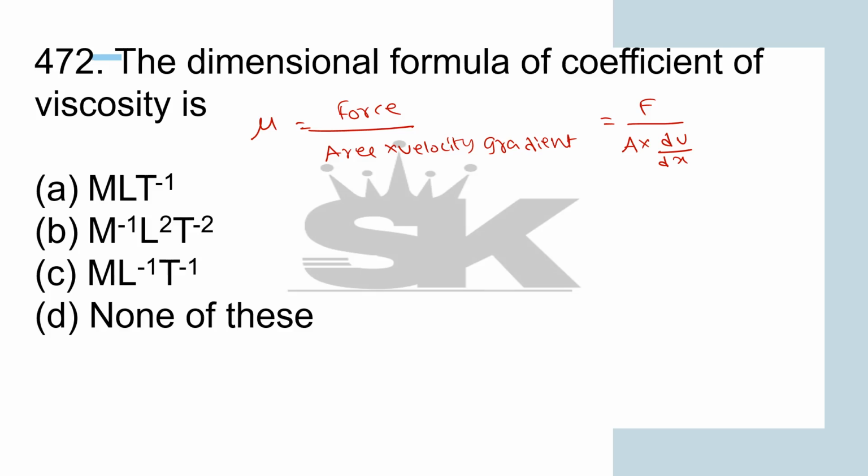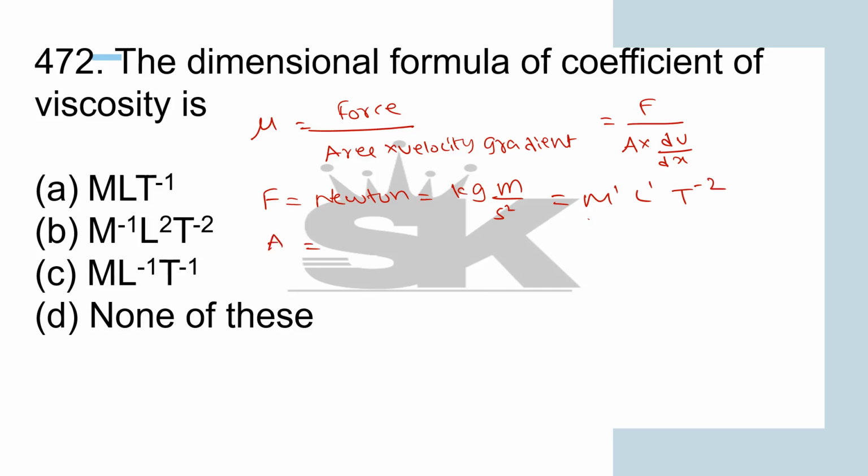So the force unit is Newton, that is kg meter per second square. Here kg is M1, meter is L1, and second square means T power minus 2, it's in the denominator. So this is the dimensional formula of force.